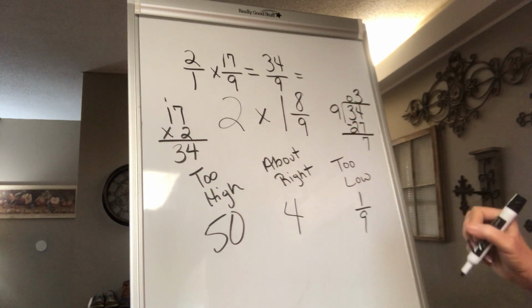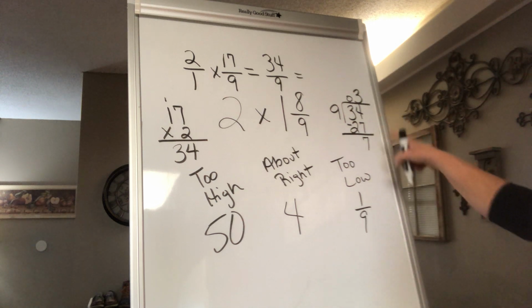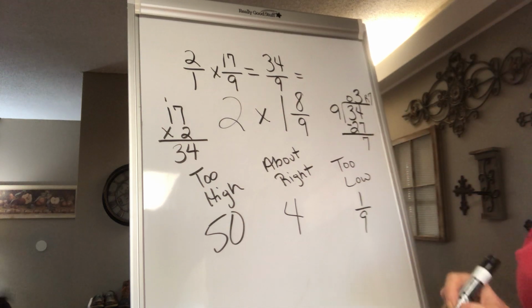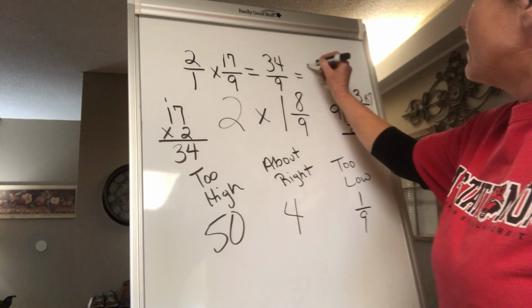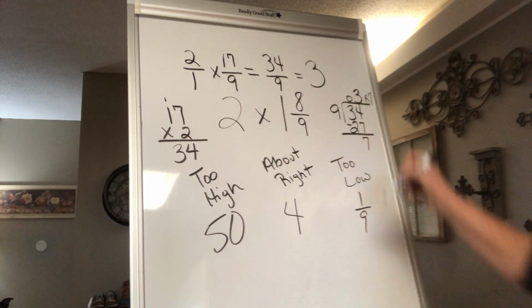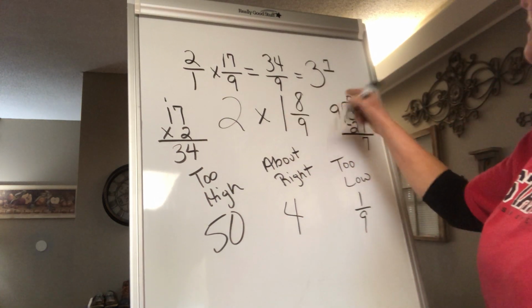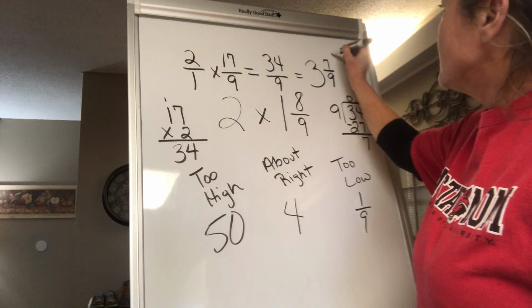So 9 won't go into 7. I don't have anything else to bring down, so my remainder is 7. So I would have 3 whole ones and 7 left over, and we were dealing in ninths.